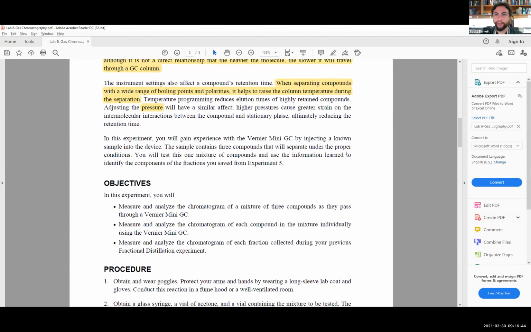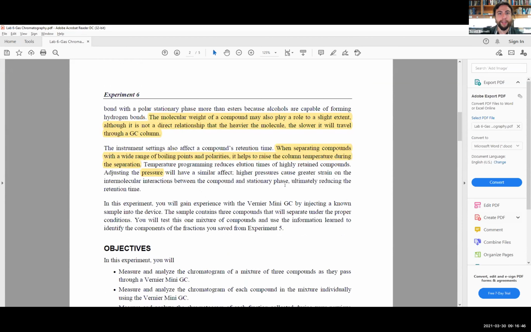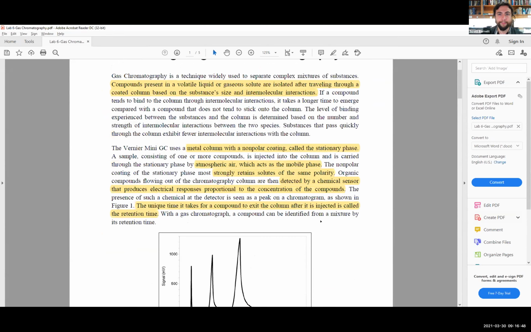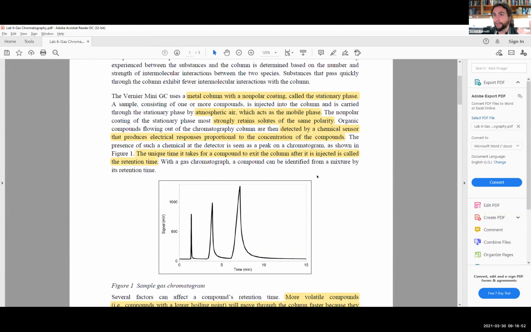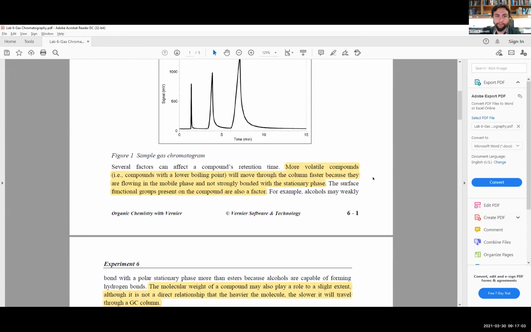So temperature and pressure, we can change within the machine itself, but the big thing is the nonpolar stationary phase, and think about the polarity of the compound you're putting in there. If you have a mixture, think about the polarity of each compound within the mixture. And then finally, we can think of the volatility, what has a lower or higher boiling point.